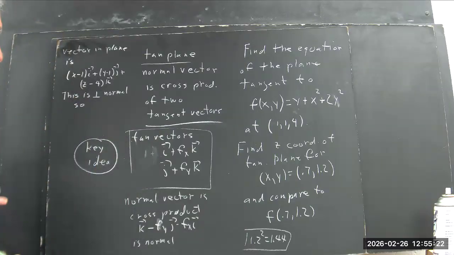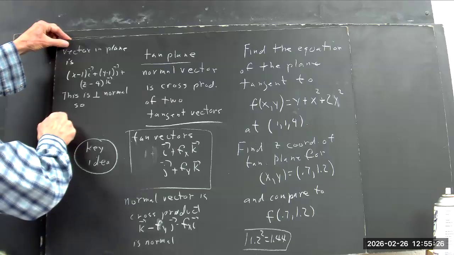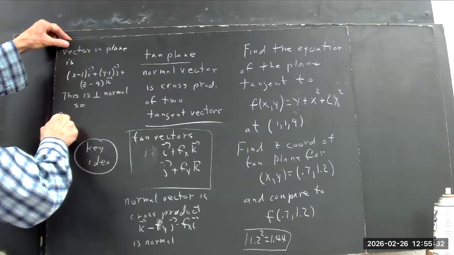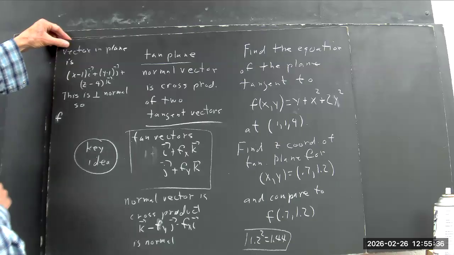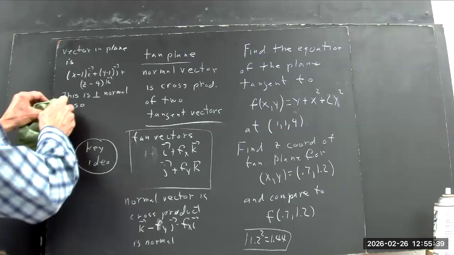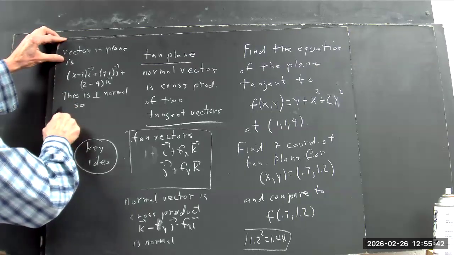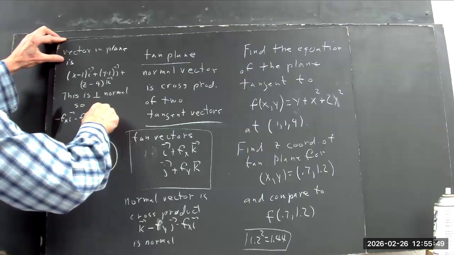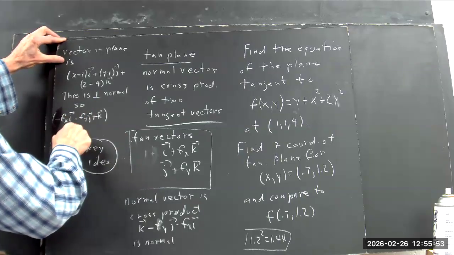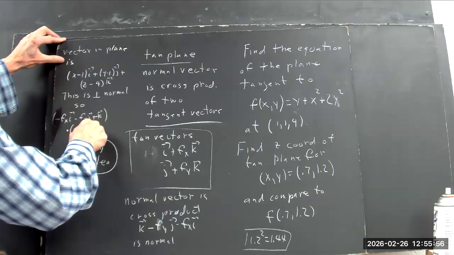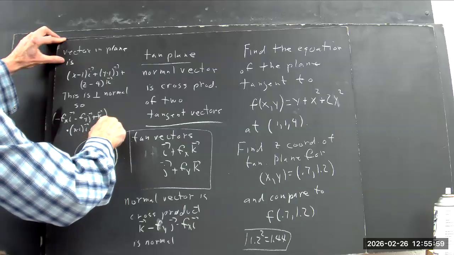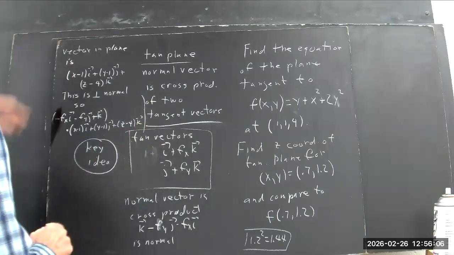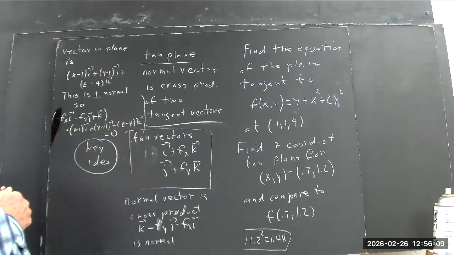This is perpendicular to the normal vector. So negative fx i minus fy j plus k dotted with (x minus 1)i plus (y minus 1)j plus (z minus 4)k equals 0.